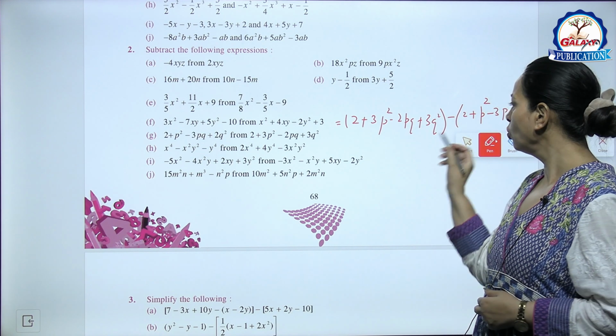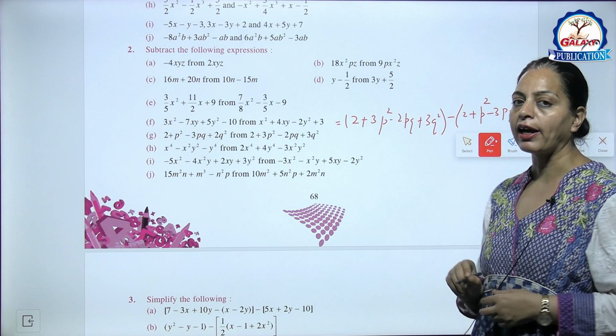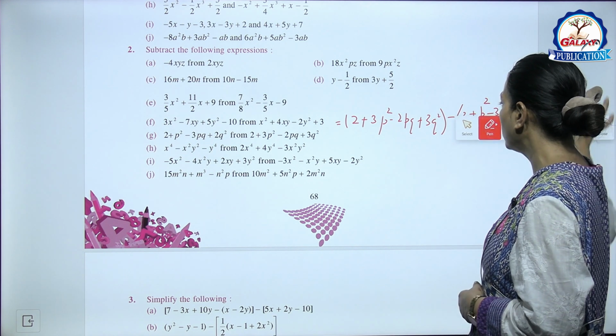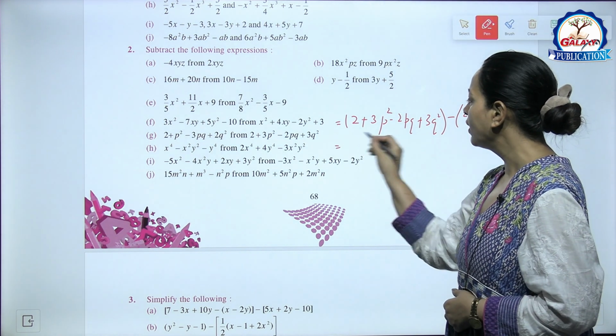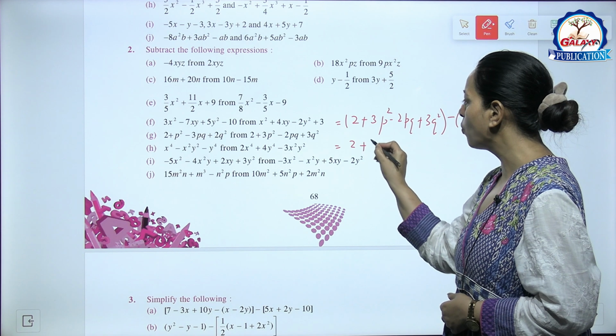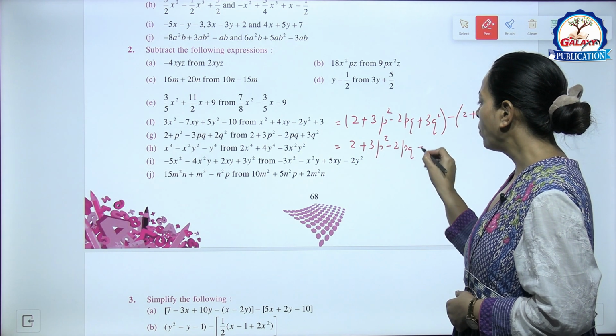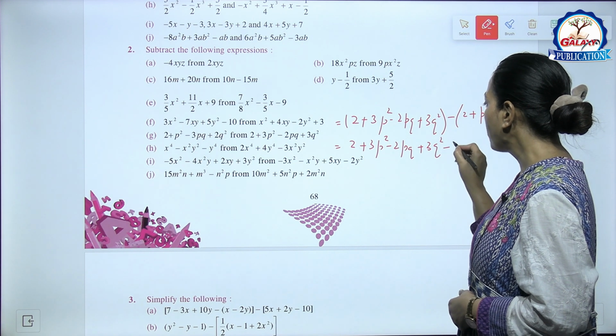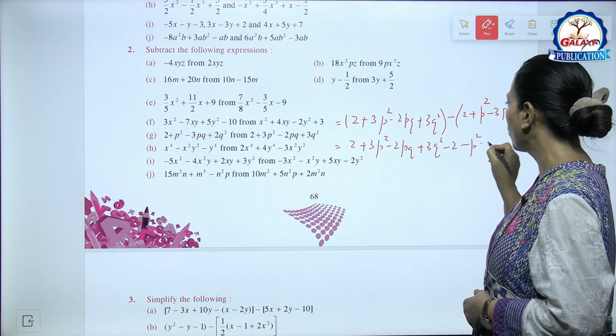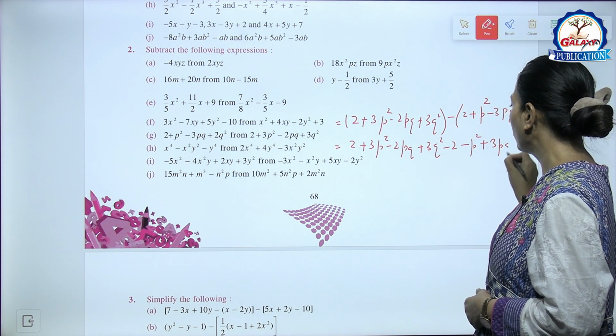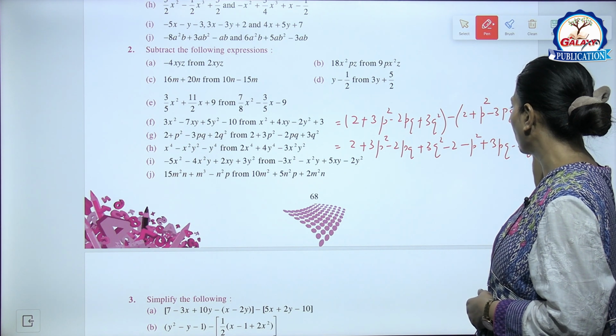Now what to do? Here minus is before the bracket, so change the sign of all the terms. So what will you get? This one as it is, 2 plus 3p square minus 2pq plus 3q square minus 2 minus p square plus 3pq minus 2q square, right?